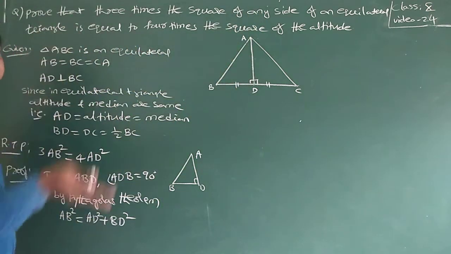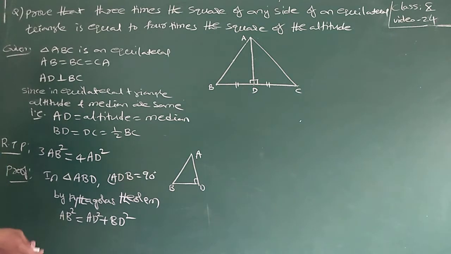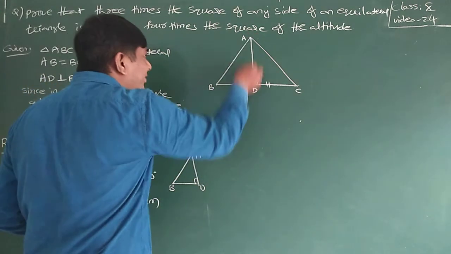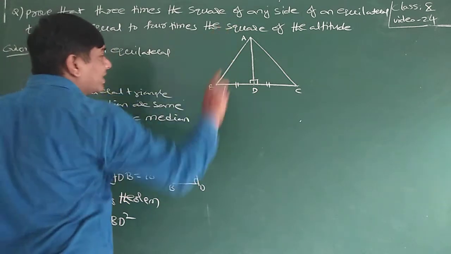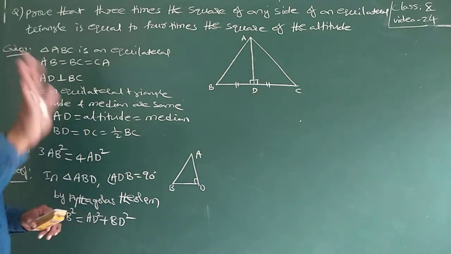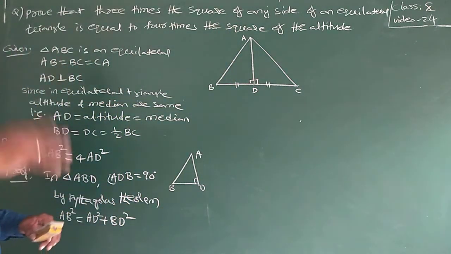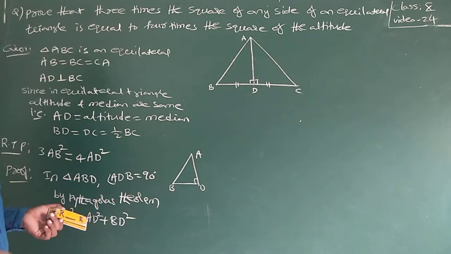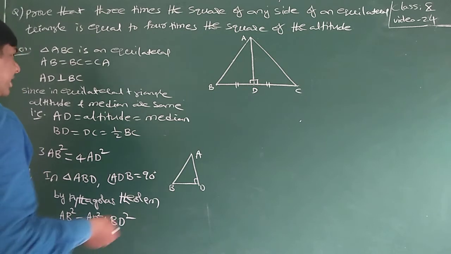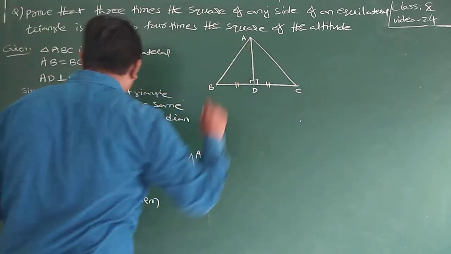Since in an equilateral triangle altitude and median are the same, this AD is the altitude and this AD is the median from vertex A. From every vertex there will be one altitude and one median. Okay, AD is the median and AD is the altitude.